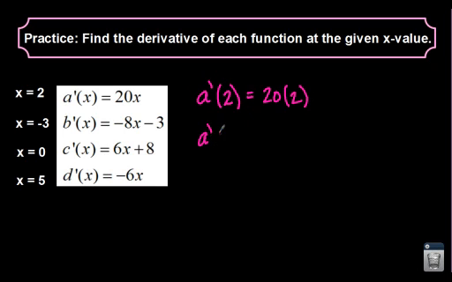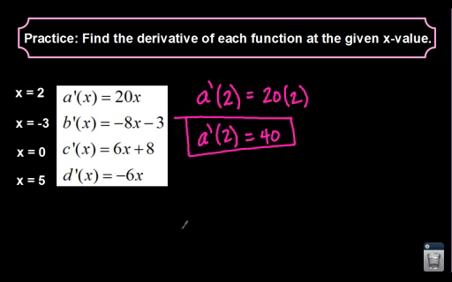So basically what this says is when I use the derivative of a of x, and I substituted 2 for x, the slope of my tangent line was, whoa, 40. That's a huge slope. So basically we rise up 40 and run 1. Rise 40, run 1. So the slope of my derivative at x equals 2 is 40.